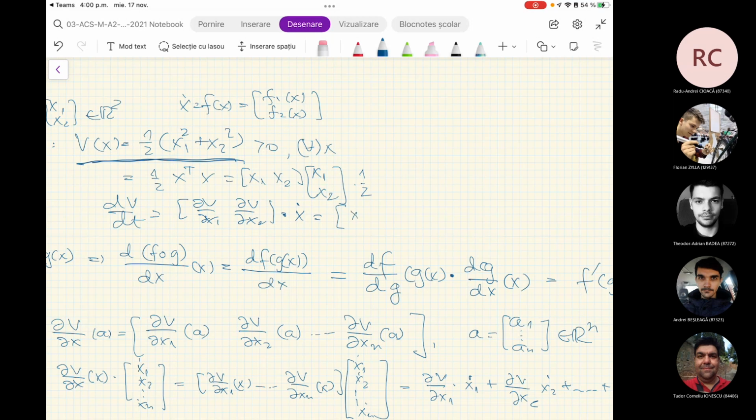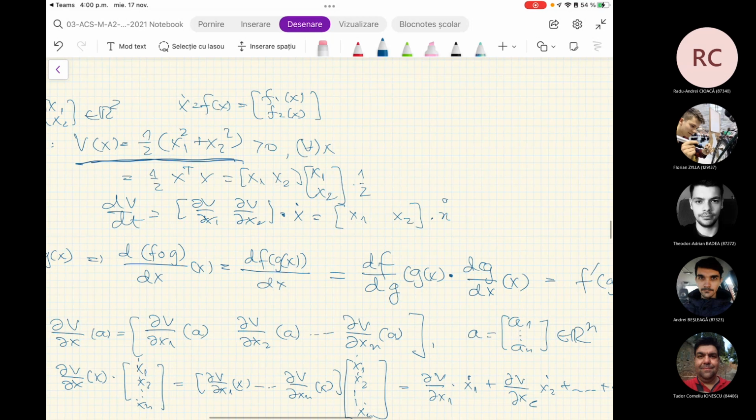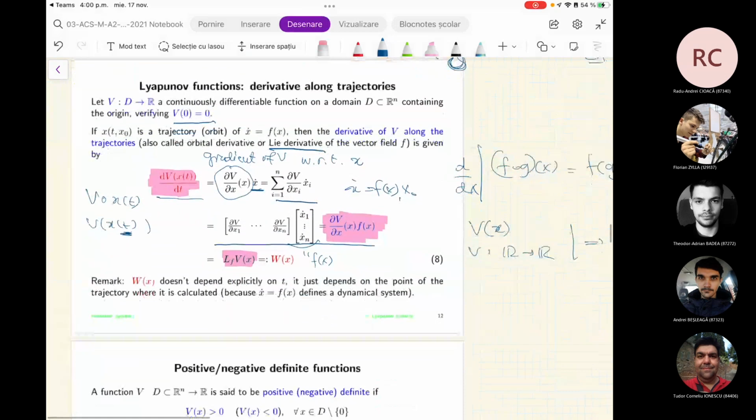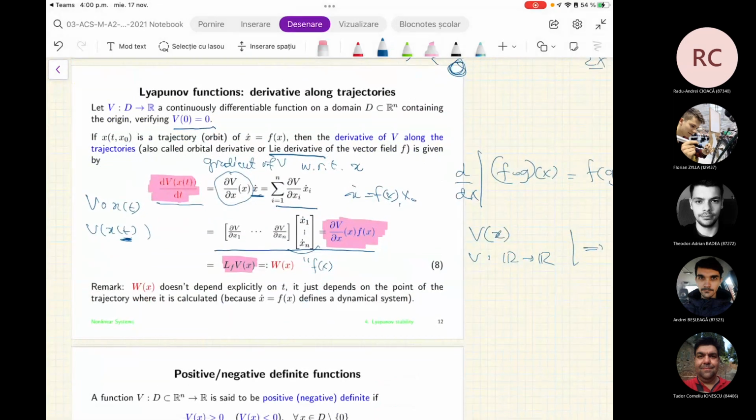It's x1 and x2, like this, true? Times x dot. So this is actually x transpose f(x). This is, I would say, simple first year math.